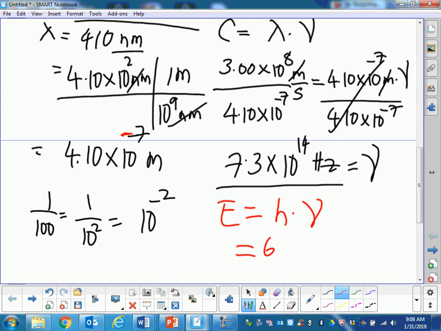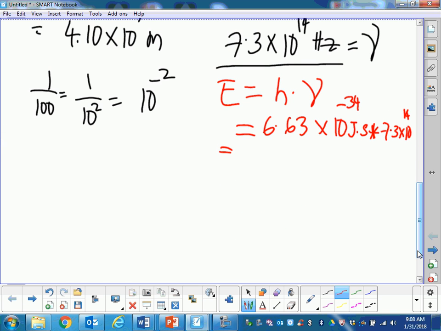I know I gave you 6.626. It can be written as 6.63 also. Correct? Times 10 to the -34 joule seconds, times what is your frequency? 7.3 times 10 to the 14. So you just put these numbers in your calculator and multiply.